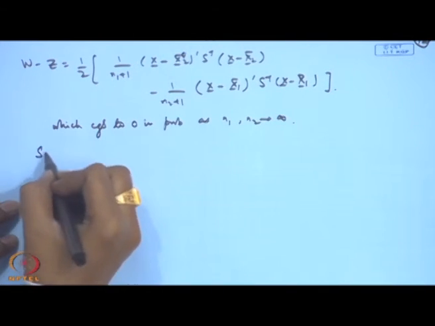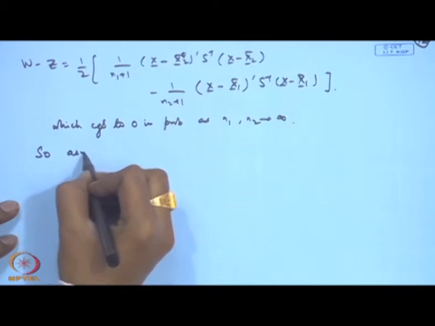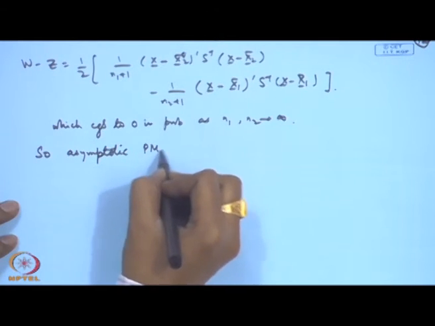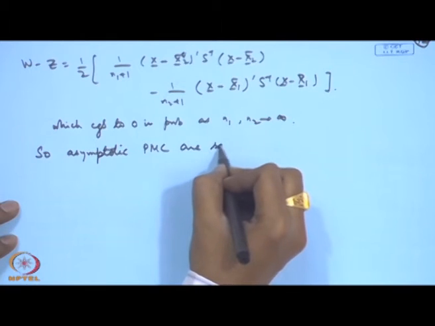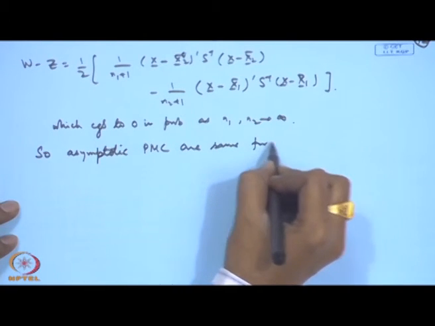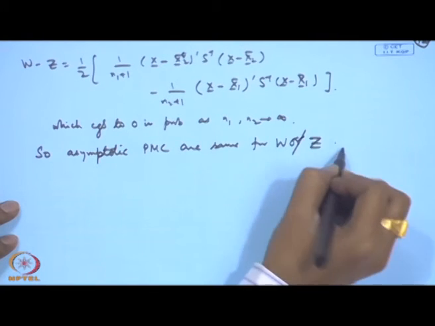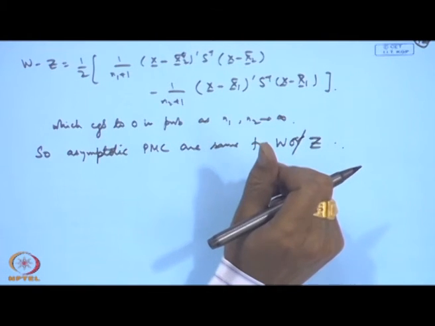So, basically the asymptotic probabilities of misclassification are the same for W or Z, that is, whether we consider W or Z, they are almost the same.